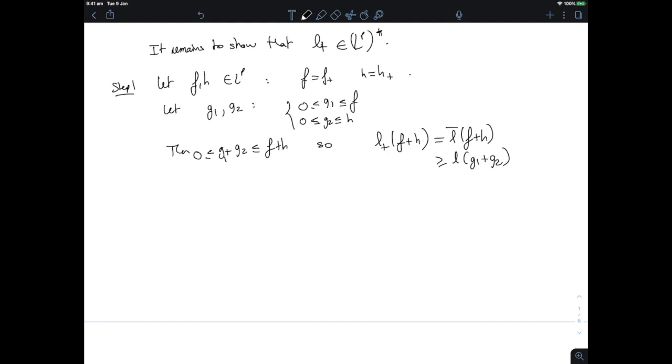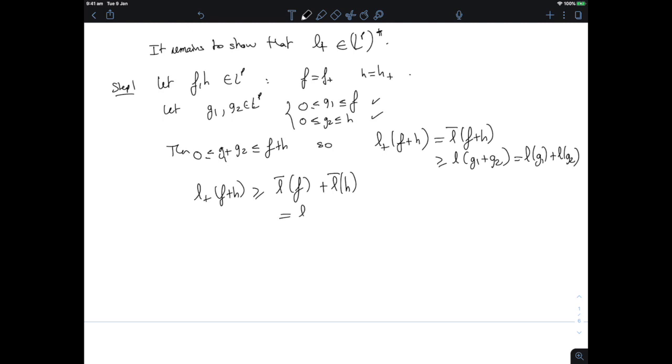And now L is linear, so this is L of G1 plus L of G2. Now the choice of G1 and G2 in LP was completely arbitrary, so I can take a supremum over all the G1 satisfying this and all the G2 satisfying that, and I get that L plus of f plus h is greater or equal than L bar of f plus L bar of h.